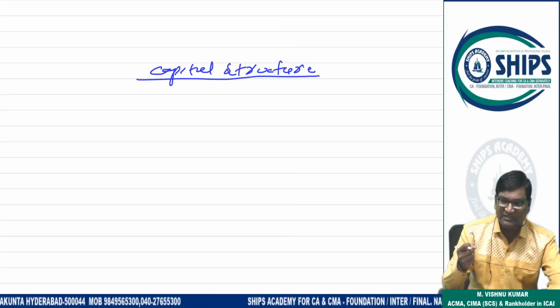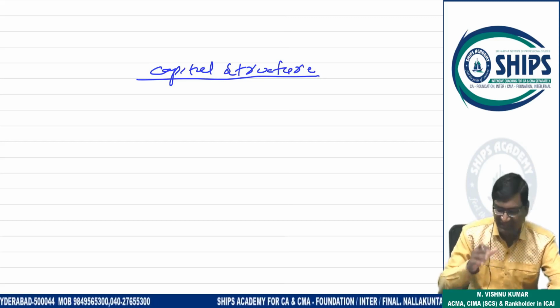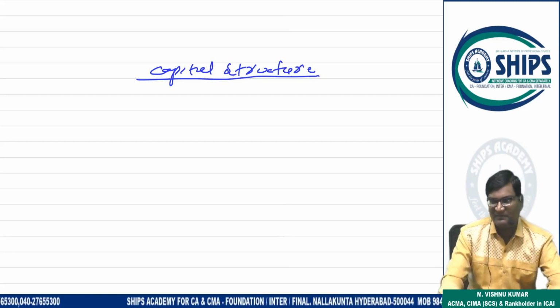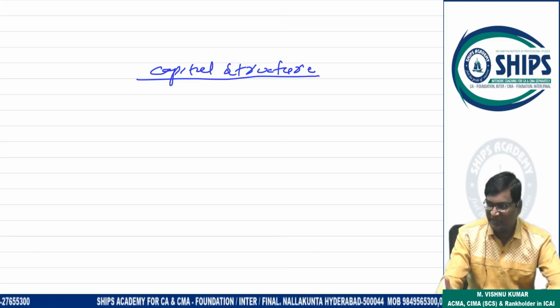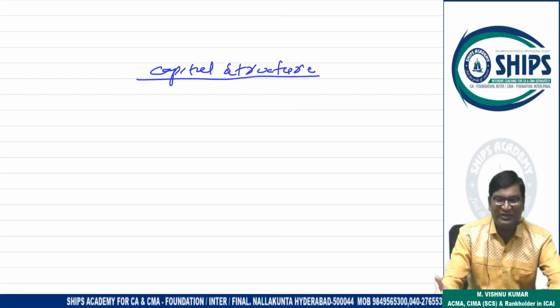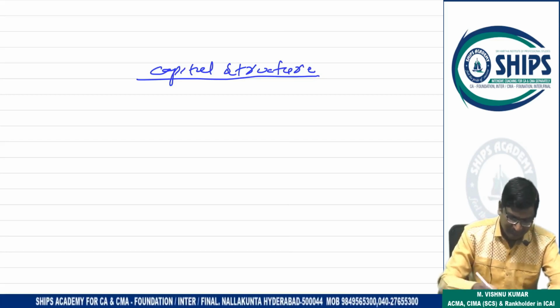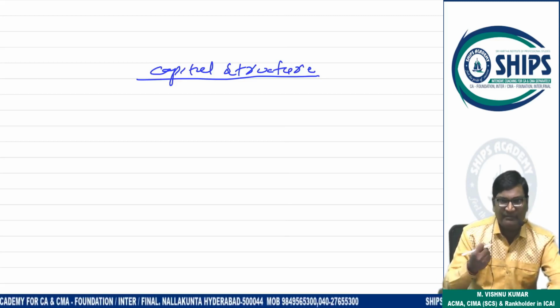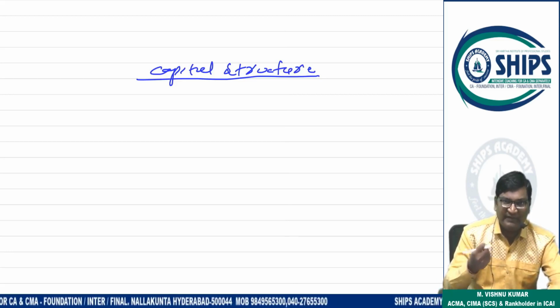If your mindset is proprietary or partnership, you will not understand this subject, because in a proprietary concern or partnership firm there is no equity share or debenture. So capital structure means a combination of funding.